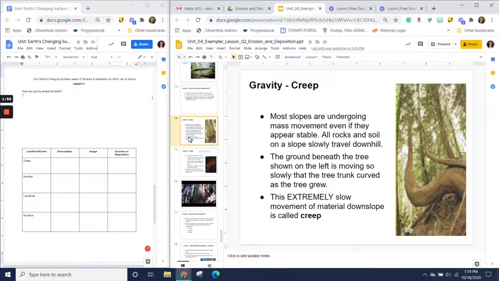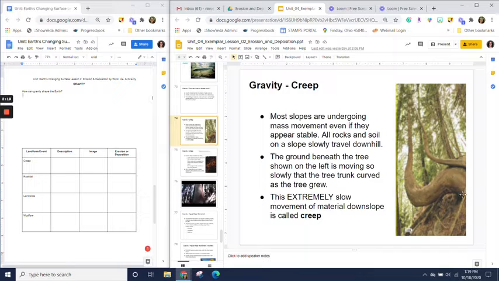Most slopes are undergoing mass movement even if they appear stable. All rocks and soil on a slope slowly travel downhill. The ground beneath this tree in this picture, shown to the left, or actually to my right, is moving so slowly that the tree trunk curved as the tree grew.